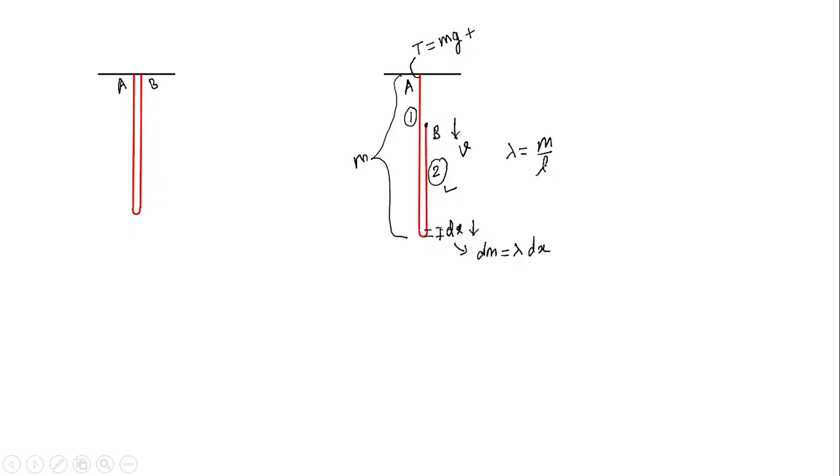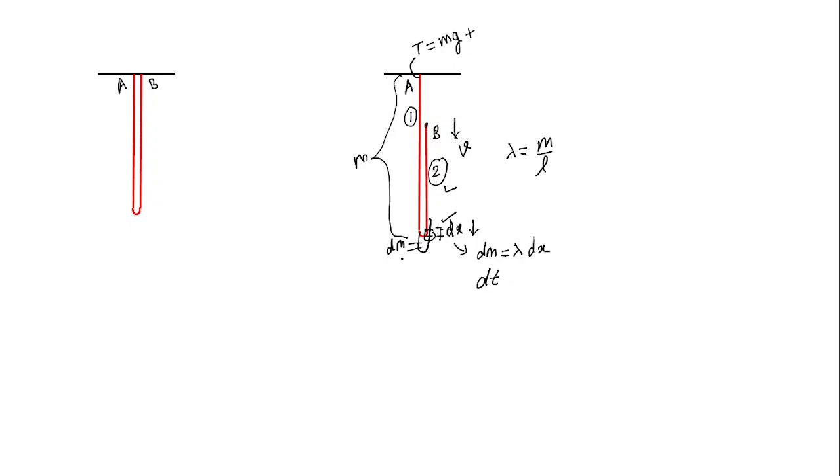So you see, within a short span of time, let us say dt, this dm mass comes down and becomes a part of branch 1. In a short span of time, this rope becomes something like this. So earlier the dm which was in branch 2, now has come as a part of branch 1.